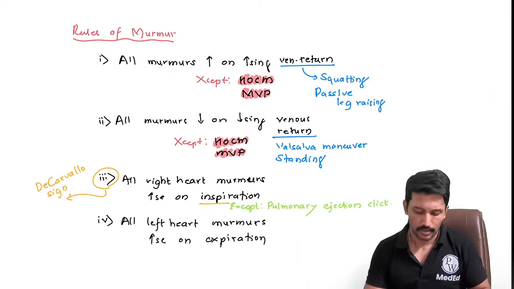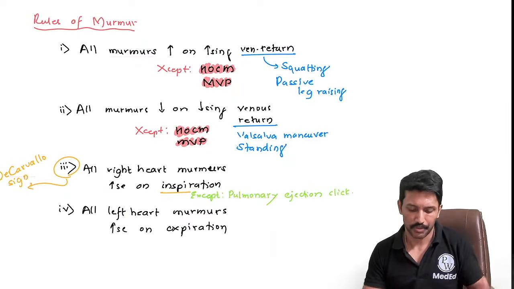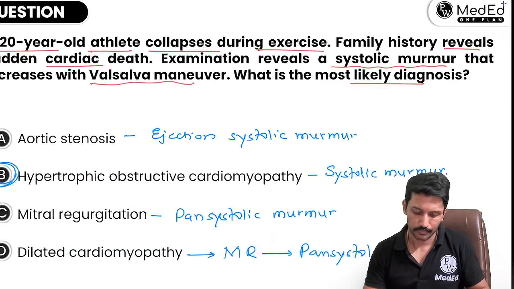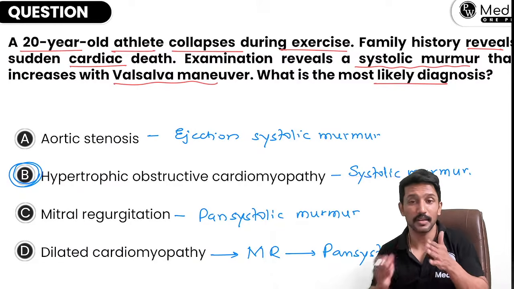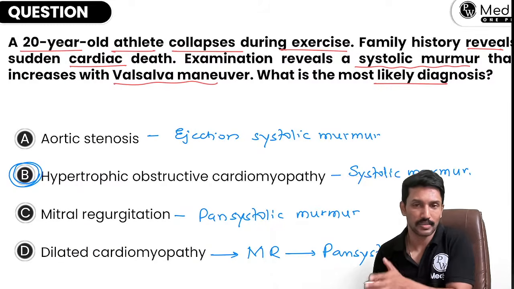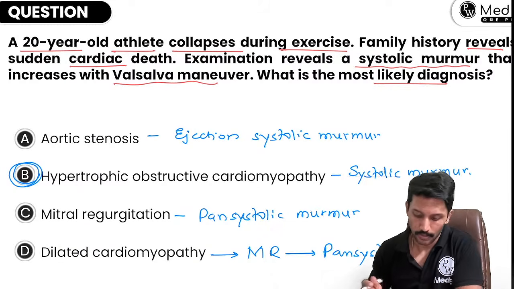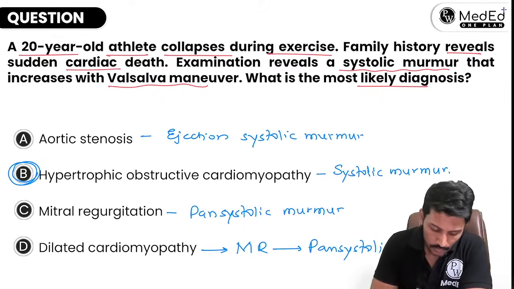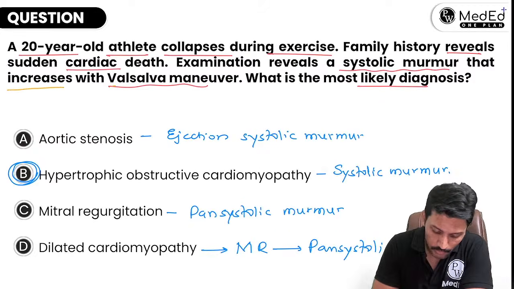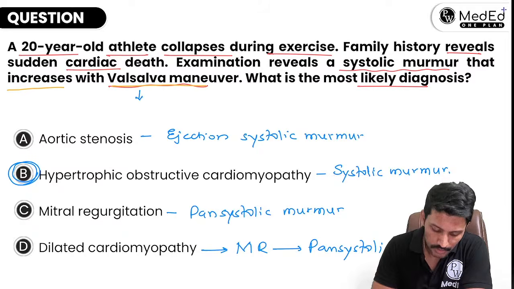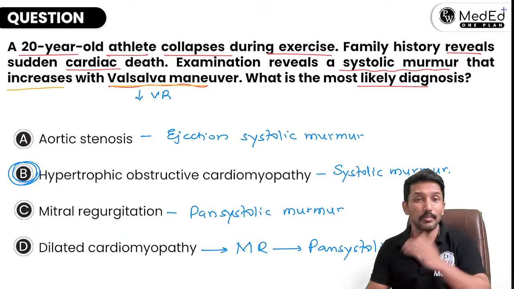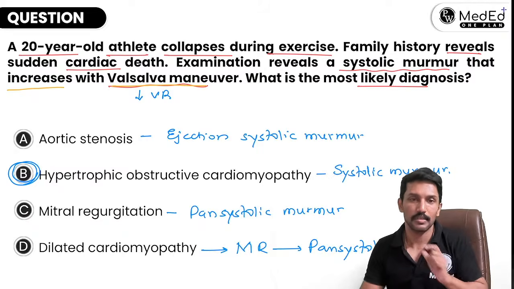Okay, clear? So now can we apply this understanding to the question and figure out the right answer? All these are systolic murmurs. Now I have to see whether it is behaving according to the rule or as an exception. The murmur increases when Valsalva is done. Valsalva is associated with decreased venous return, and all murmurs decrease on decreasing venous return.